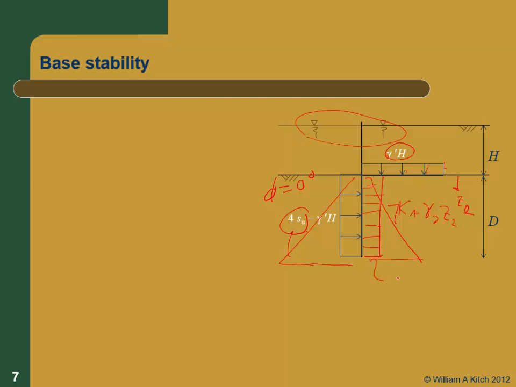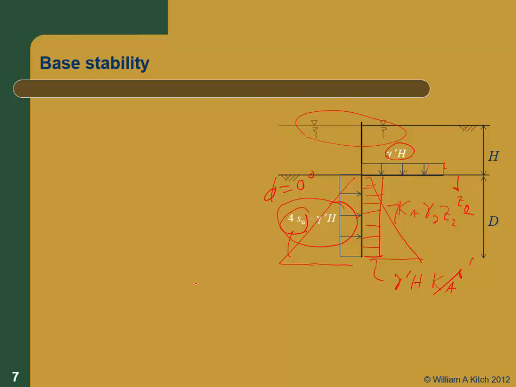That's a surcharge load, which is gamma prime H times Ka, which is equal to 1. So the net capacity on the passive side of the wall is 4Su minus gamma prime H.